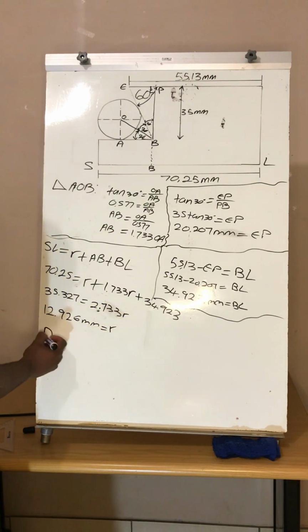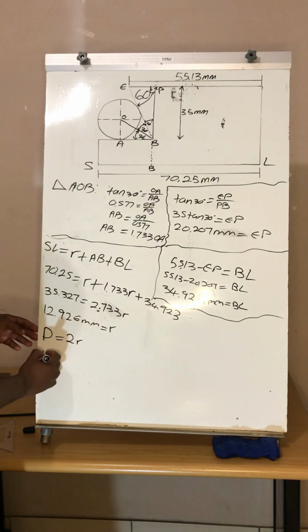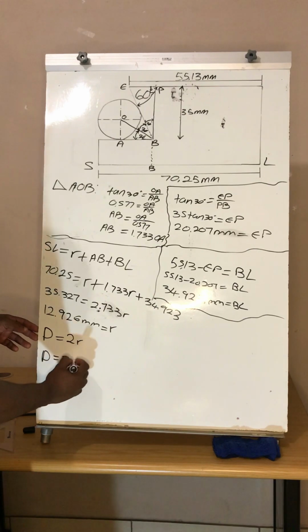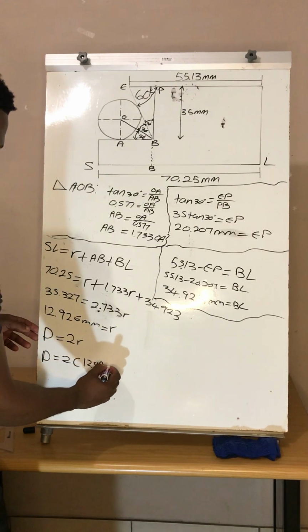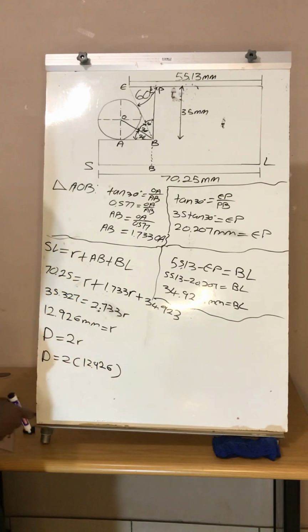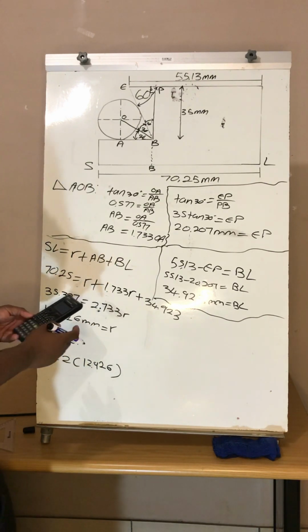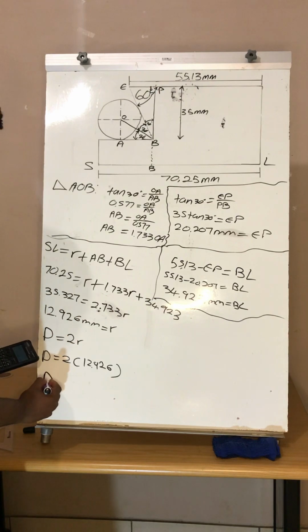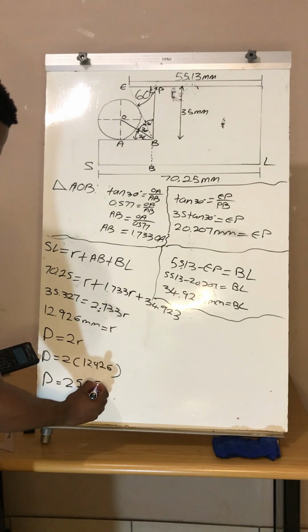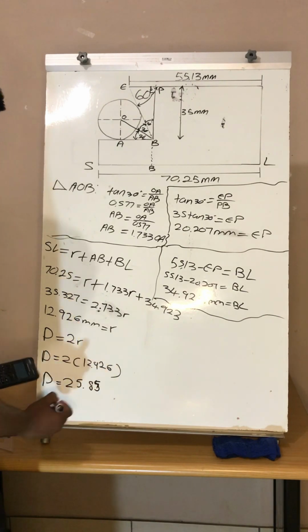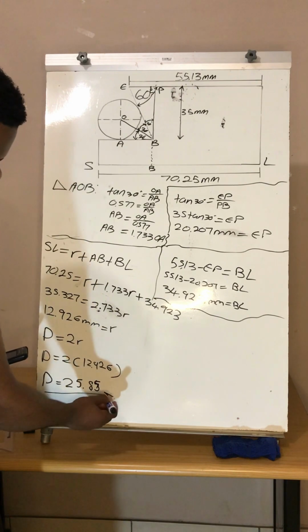But we are looking for the diameter of the roller, which is 2 times the radius. So the diameter is 2 times 12.926, which will give us 25.85. Yeah, that's your answer right here.